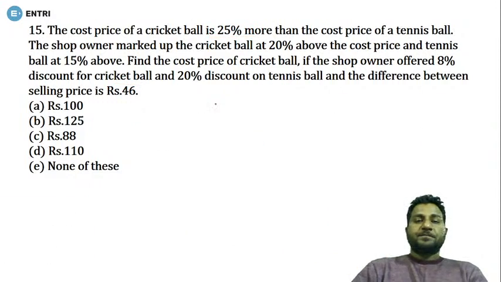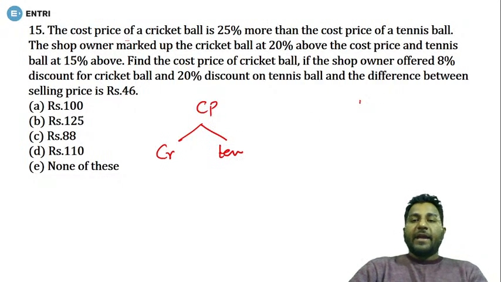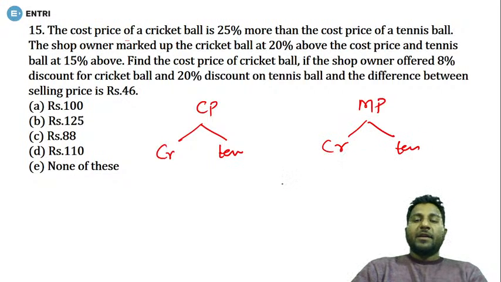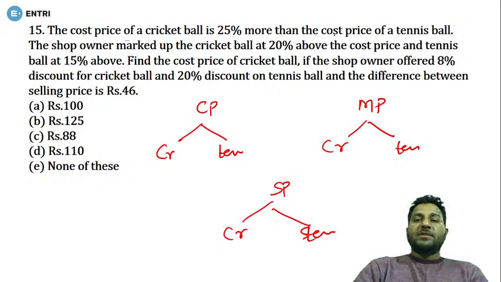Look. The cost price of cricket and tennis. MRP of cricket and tennis. Selling price of cricket and tennis. Look at this. 25% more than the cost price of tennis, that means 5:4.